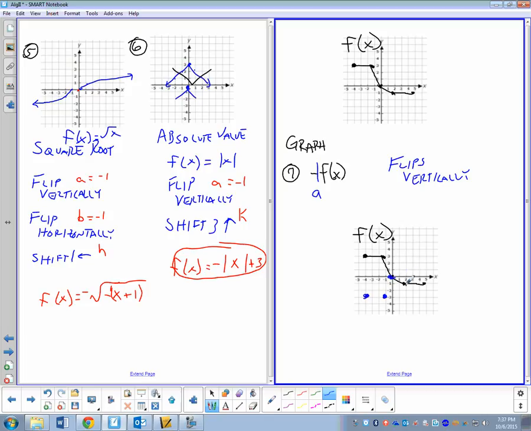Then this point that is 1 below moves 1 above. And this point that is 1 below moves 1 above. That's what it means to flip these vertically. Then you just connect your dots again. So horizontal line, steep line, and then horizontal line. And you can see that from the black graph to the blue graph that I flipped the black graph vertically. So that's what you're doing on that.